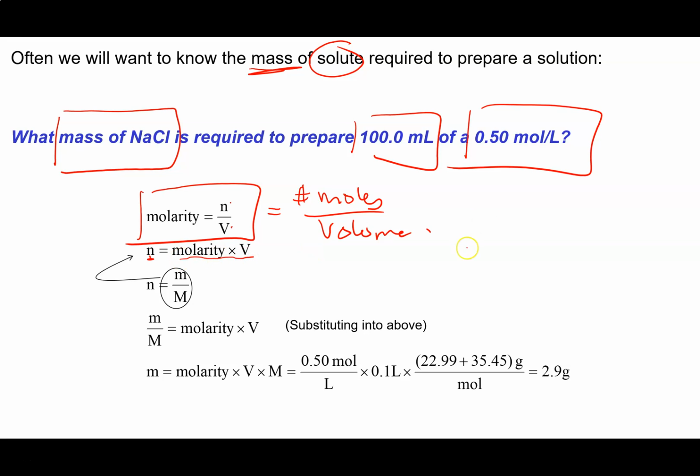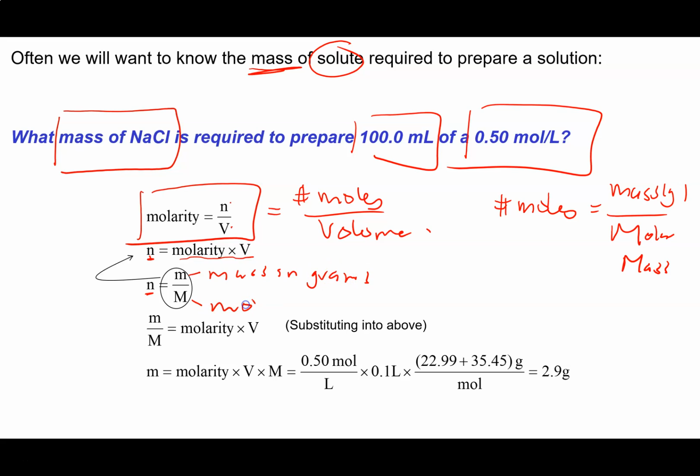Now our number of moles is also equal to our mass in grams divided by our molar mass, which I've indicated here. The number of moles is equal to our mass in grams divided by our molar mass, right? That's the mass in grams.